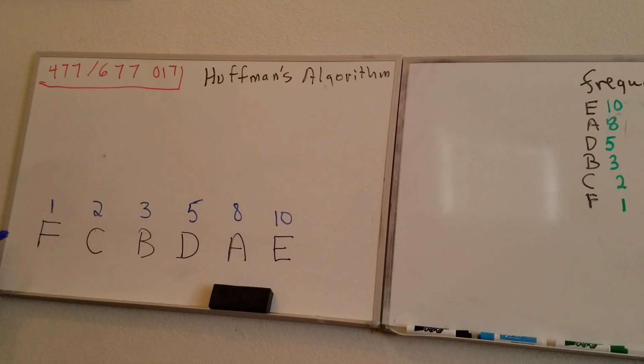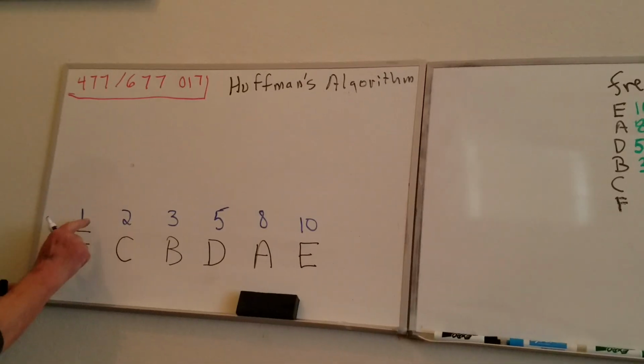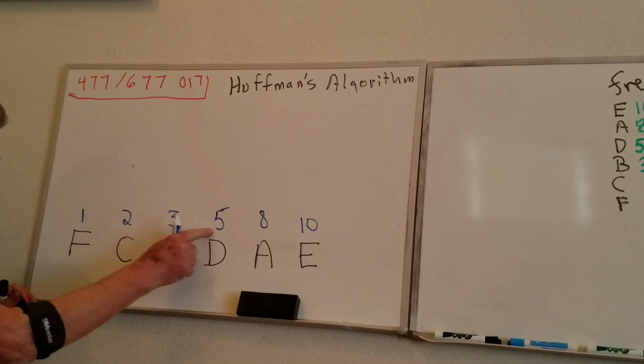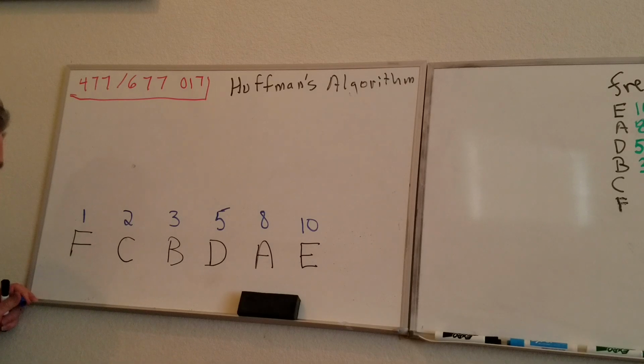If we sort the letters by increasing frequency, which I did here, then the algorithm takes O of n time. Of course, you might say, well, it takes n log n time to sort them, but I said if they're already sorted. All right, now what we do is we look at these frequencies, and we think of these as leaves of what we call the Huffman tree.